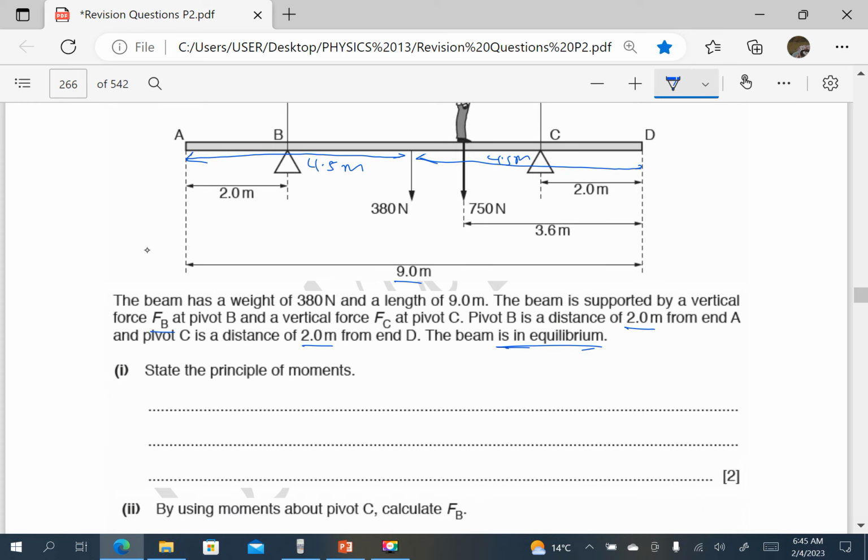The principle of moments states that for a body in rotational equilibrium, the sum of clockwise moments about a point equals the sum of anticlockwise moments about the same point.